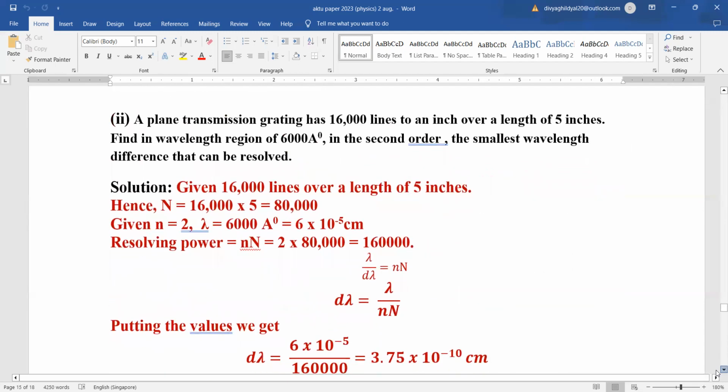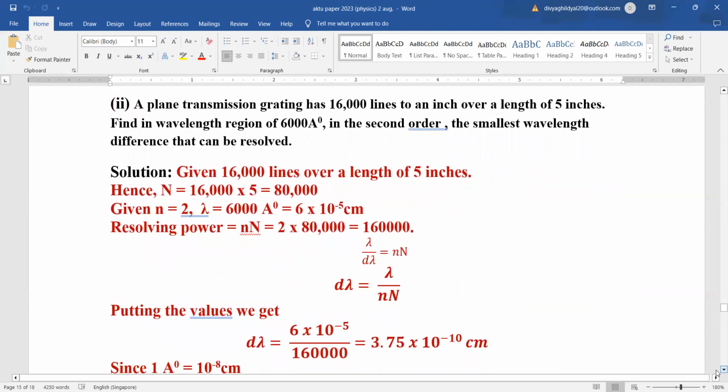A plane transmission grating is having 16,000 lines to an inch over a length of 5 inches. Now in this line, do not get confused and divide it by 5. Read the line again. It is saying 16,000 lines over a length of 5 inches.